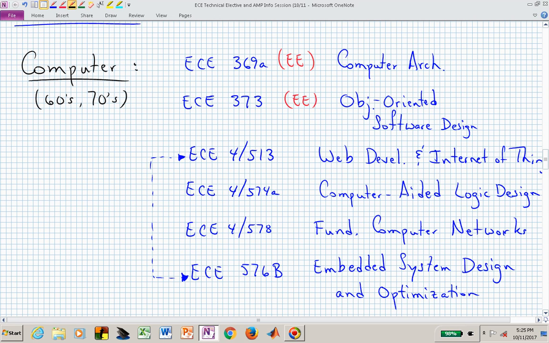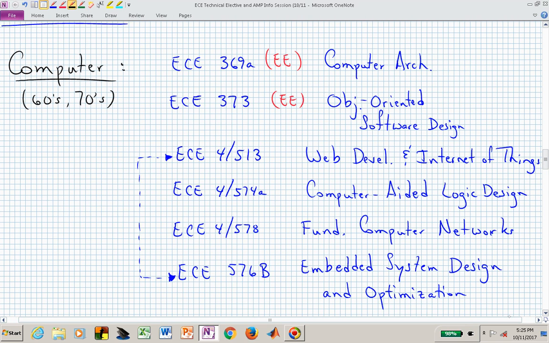The reason for the dashed line is I don't know what's going to happen with respect to that set of classes, and it's typically taught by one person. And one person won't be teaching both of them, I don't think. So it may be the web development and Internet of Things class in the 413, 513, or it might be an embedded system design and optimization.